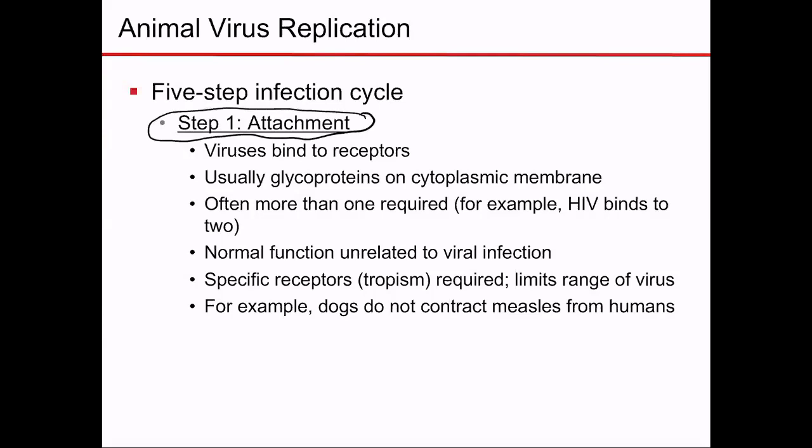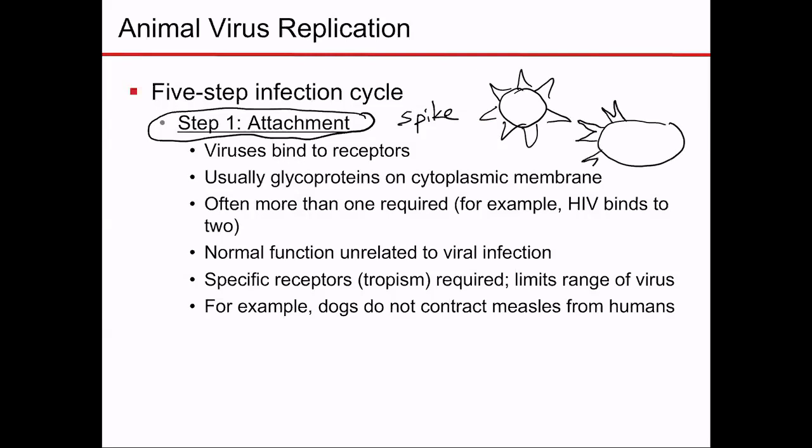That virus will bring on the surface a spike that will have maybe a shape that allows that virus to infect this cell, because the receptor for that spike is present in this cell.